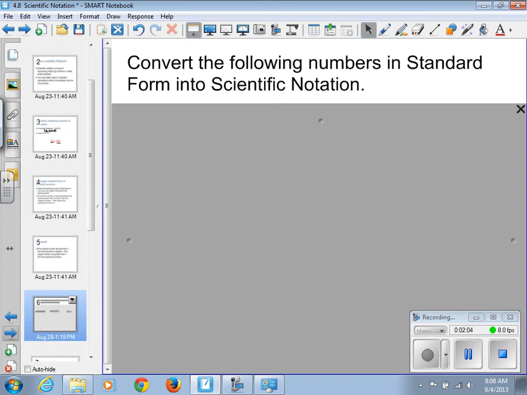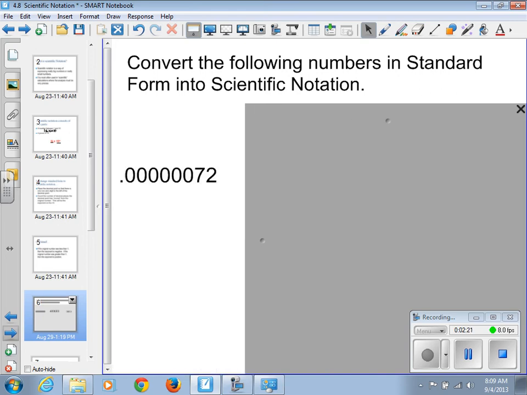Let's take what was just explained in the last two slides and apply it to some examples as we change the following numbers into scientific notation. Again, you're encouraged to pause and rewind and try the examples as we go along. We start with this number. What I like to do is literally take my decimal point and move it and count the spaces out loud as I move. 1, 2, 3, 4, 5, 6, 7.